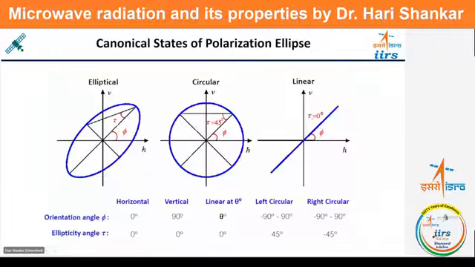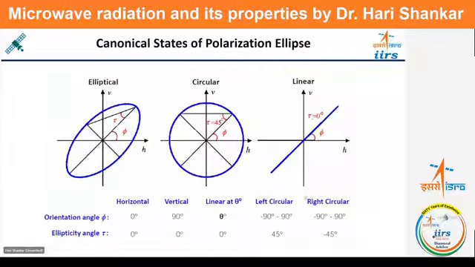If phi is 90 degrees and tau is 0, then it is vertical polarization. If phi is any angle, not 0, that may be 10, 20, 30 degrees, but the ellipticity angle is 0, then it is called the linear, or inclined, polarization, or linear polarization at angle theta.